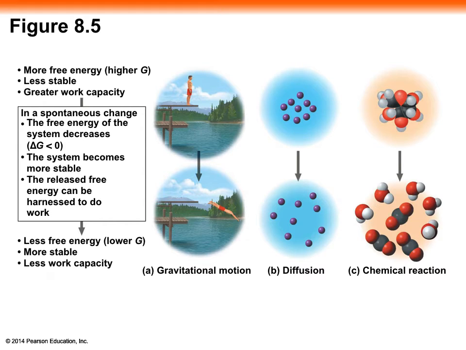You can also think of it as being anabolic, putting energy in, building. And of course, the person is becoming less and less stable as they go up to the top of the diving board. That would be positive delta G, non-spontaneous, becoming less stable, and gaining more and more free energy.